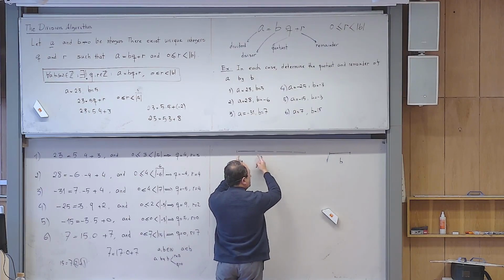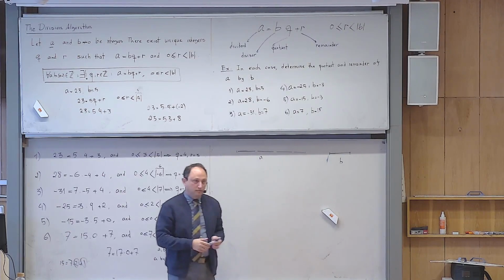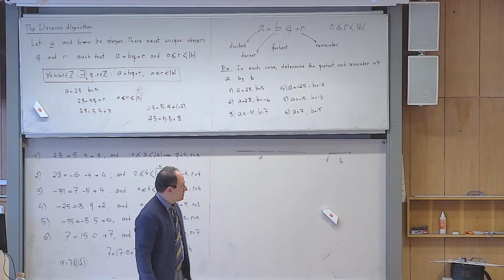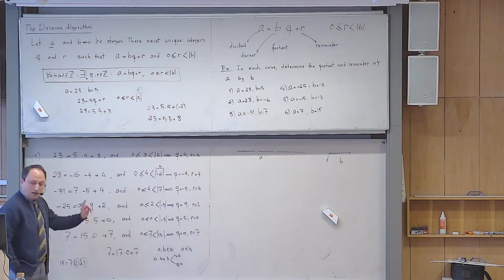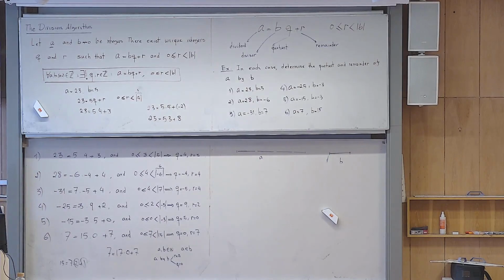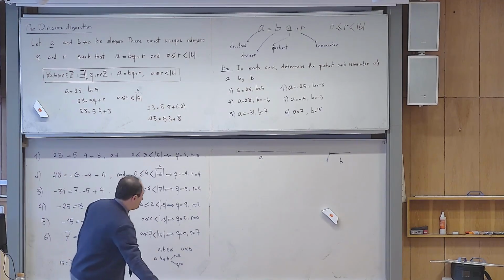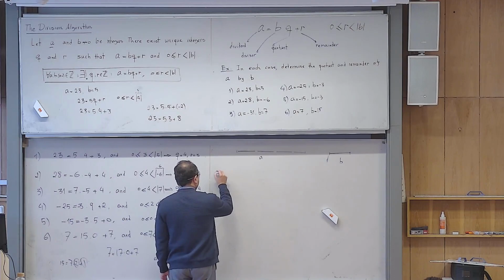The number of complete ones is Q, what is left over is R. Something like that, okay? That is not hard to understand from the geometrical point of view. But let us solve a little bit more interesting problems. I see it in the book, but with these examples I want to go little by little and increase the level of difficulty, okay?